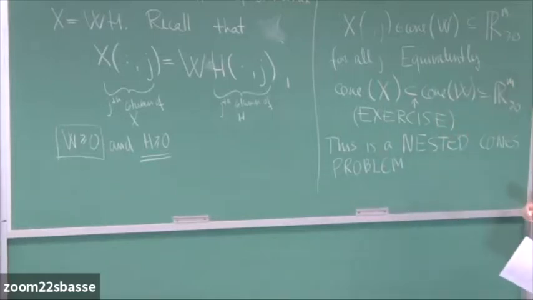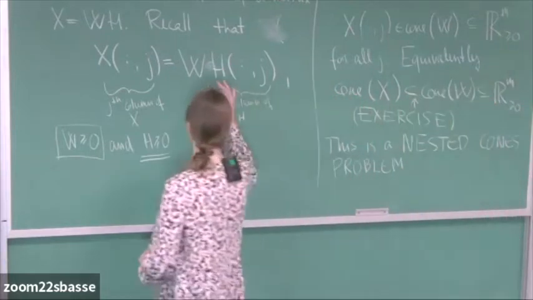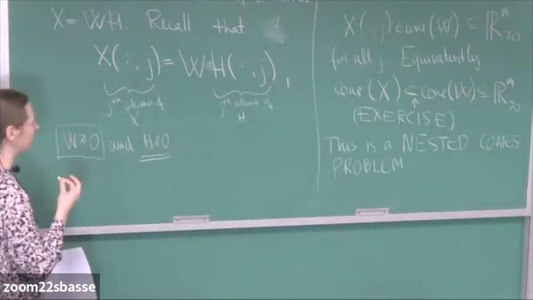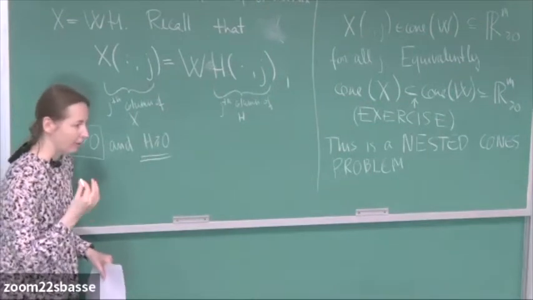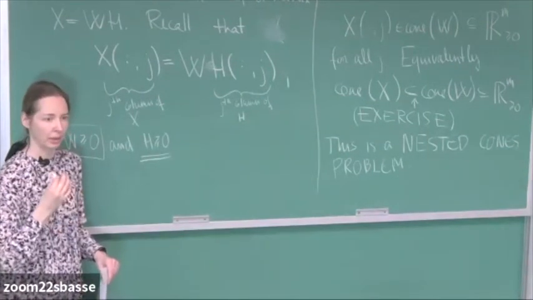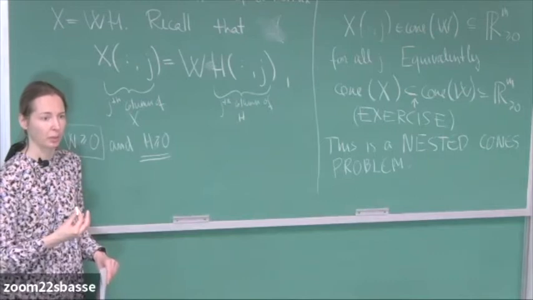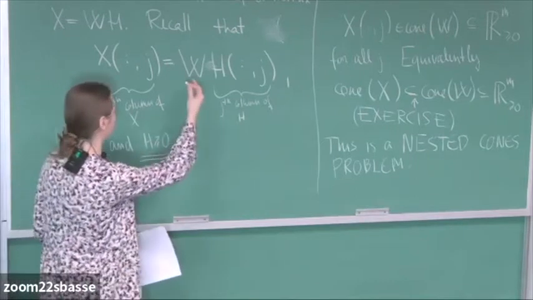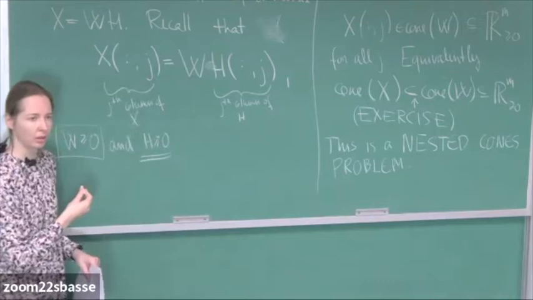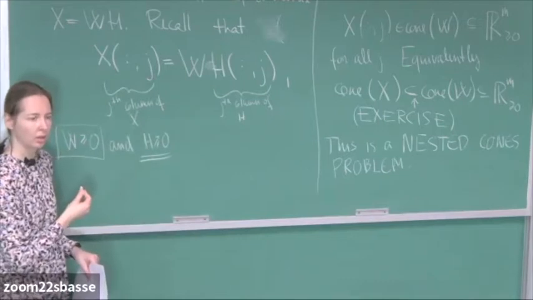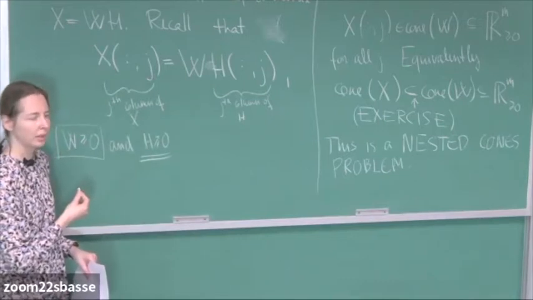What is the role of H? Well, the role of H is that it gives the coefficients, like the conic coefficients in the conic combination. So I mean, the same relation can be said for cone of H. That's true.